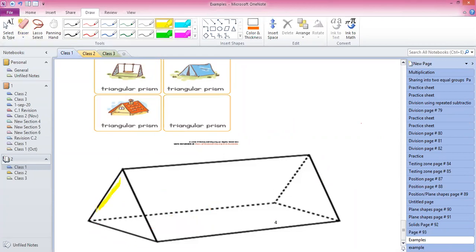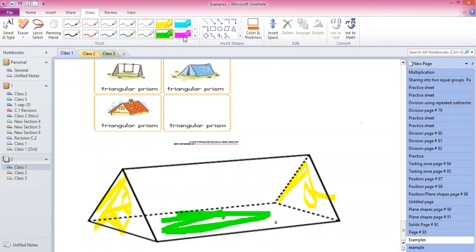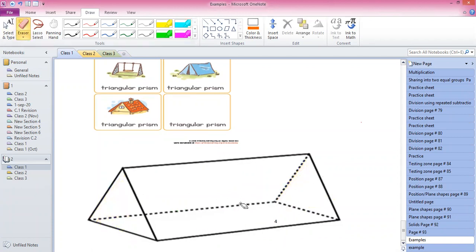This is the first, this is second, and this is third. So it has 5 faces.